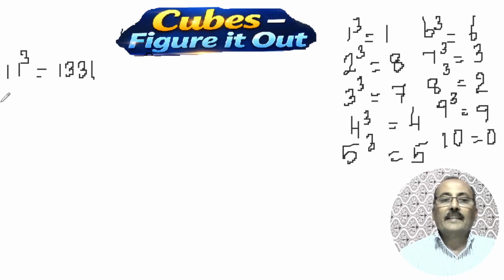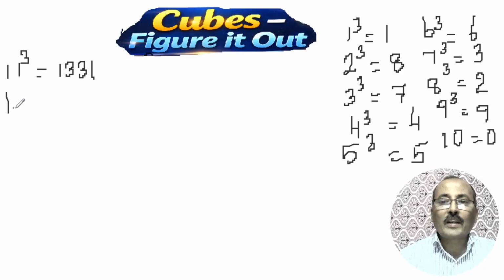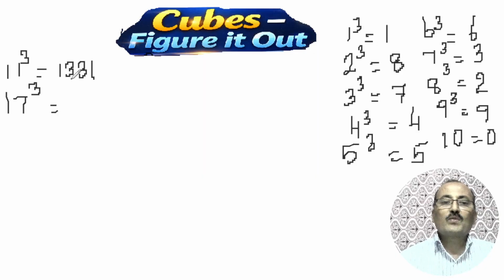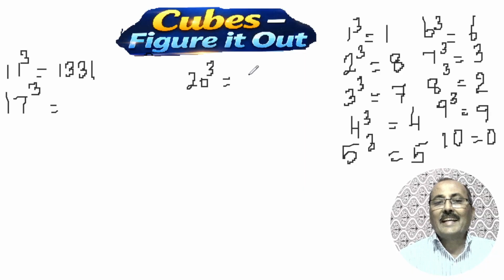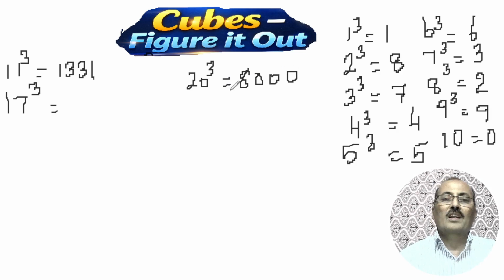Then can you guess what is 17 cube? Surely it is above 11 cube and below 20 cube. We know 20 cube is 8,000, so it is closer to 8,000, not so close.